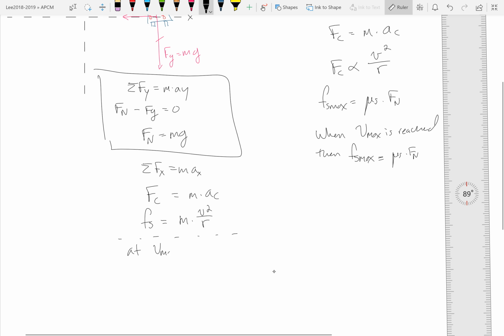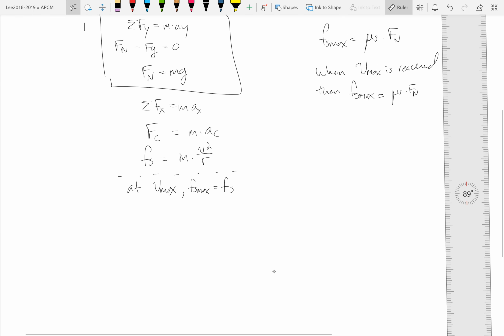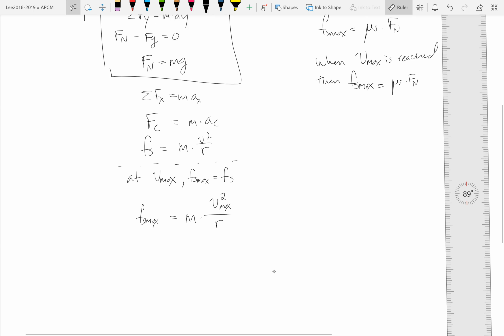At V max, before it slips and starts to just move in a tangent to that circle, because it no longer has any friction to keep it moving in the circle, so it veers off at a tangent. At V max, we now know Fs max is the static friction. So I have Fs maximum equals mass times V max, the speed that it can go, squared over r.